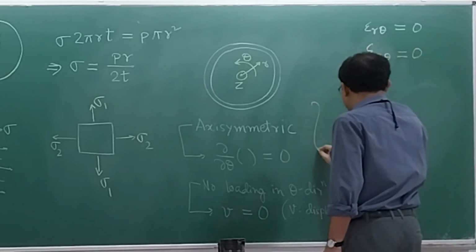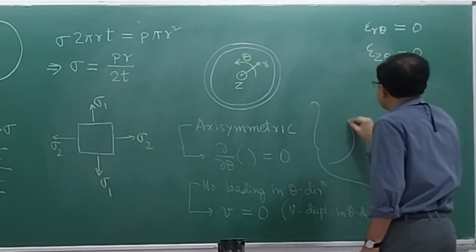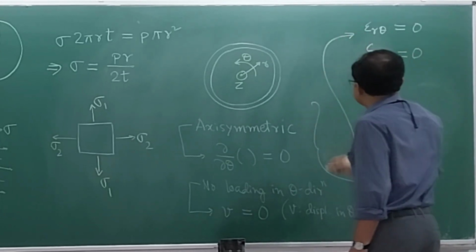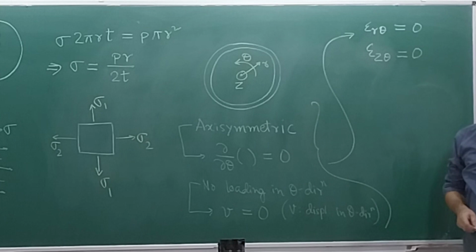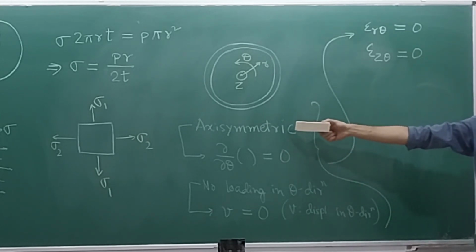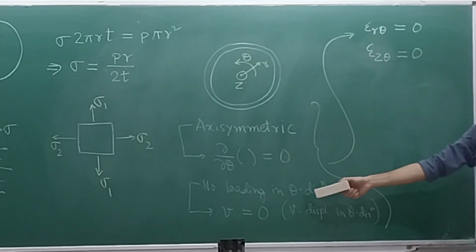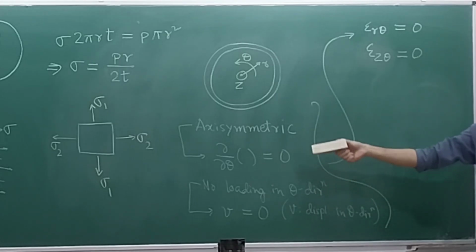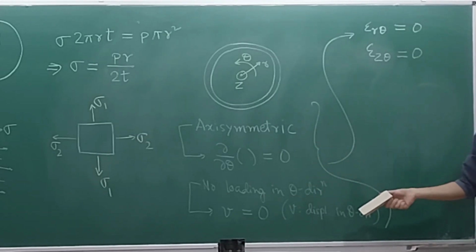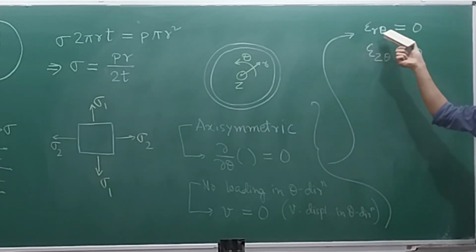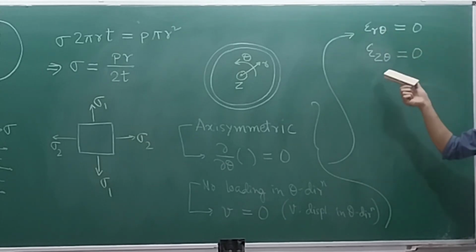Both the condition of axisymmetry as well as the no loading in the theta direction, these two conditions combined will give you epsilon r theta equal to 0 and epsilon z theta equal to 0.